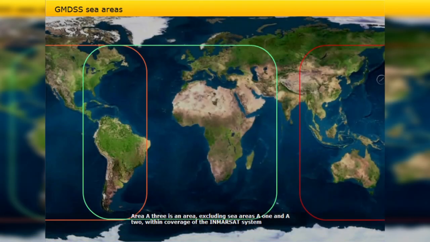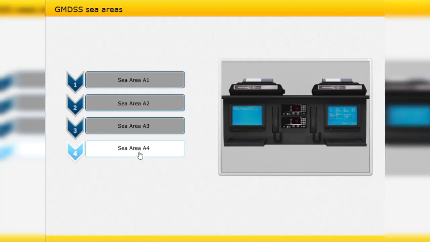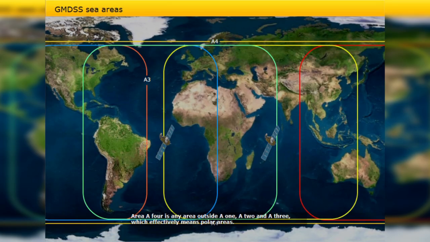Area A3 is an area excluding Sea Areas A1 and A2 within coverage of the Inmarsat system. Area A4 is any area outside A1, A2 and A3, which effectively means polar areas.